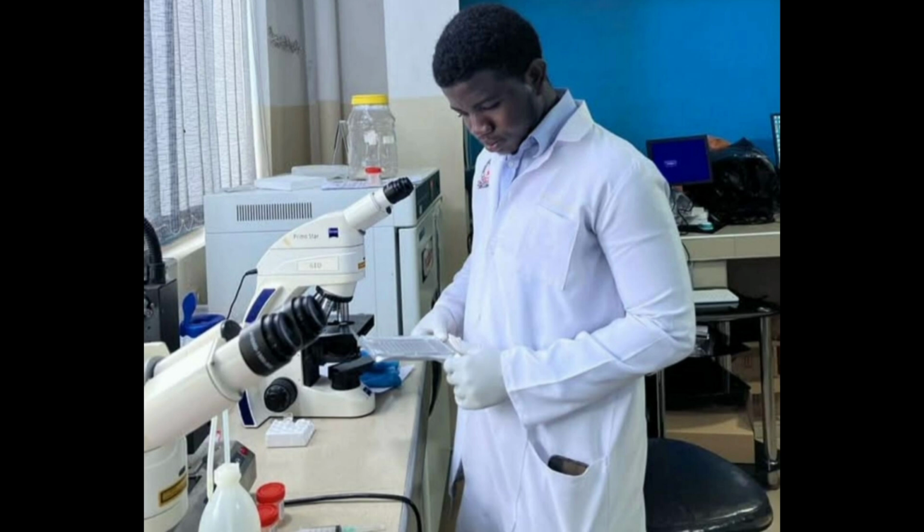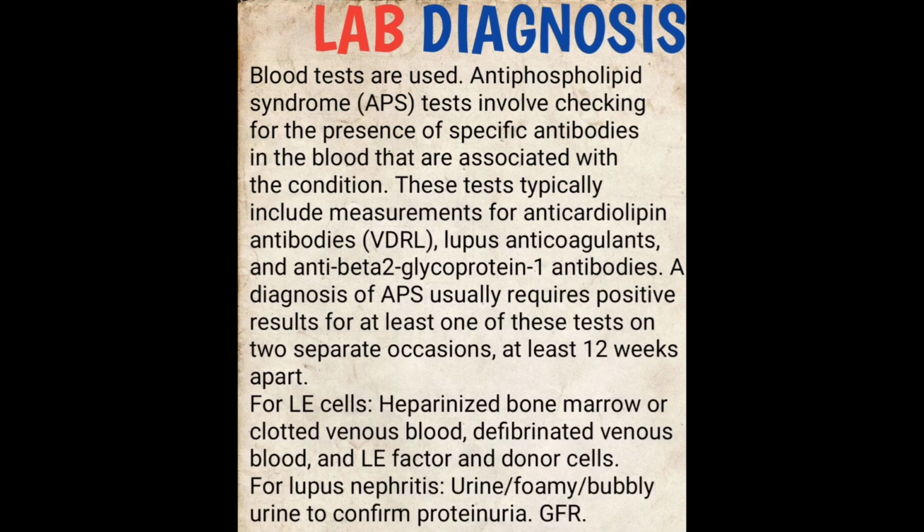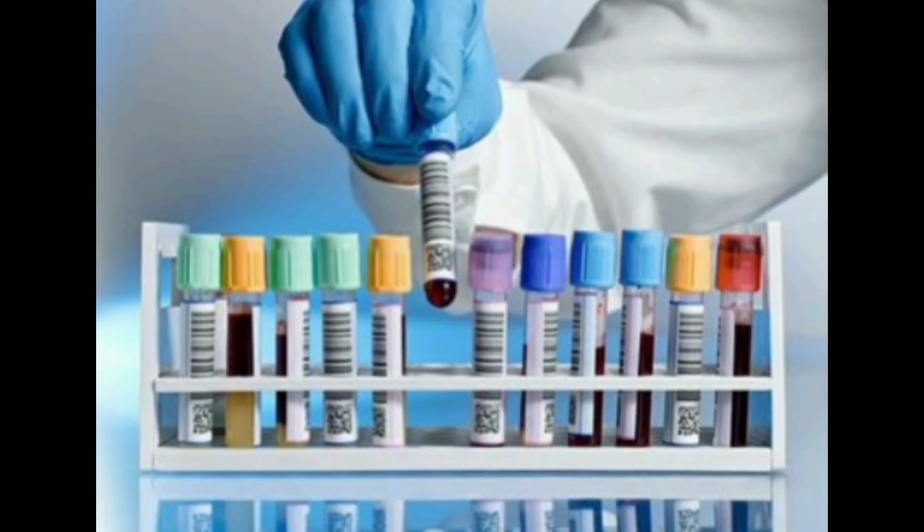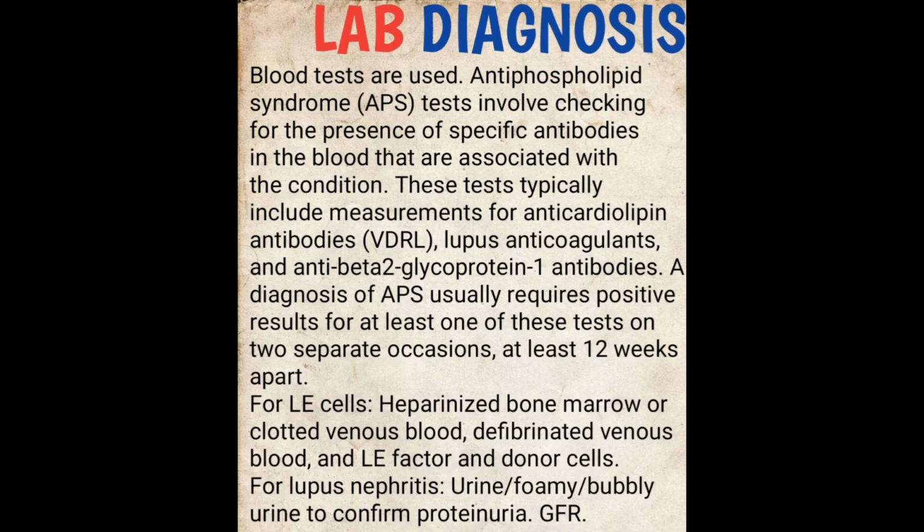The laboratory diagnosis. Talking generally, blood tests are used, especially, as Cecilia mentioned, the antiphospholipid syndrome test, which involves checking for the presence of specific antibodies in the blood that are associated with the condition.